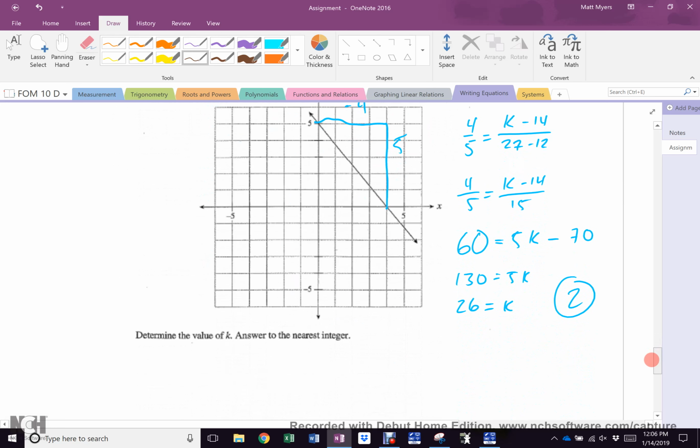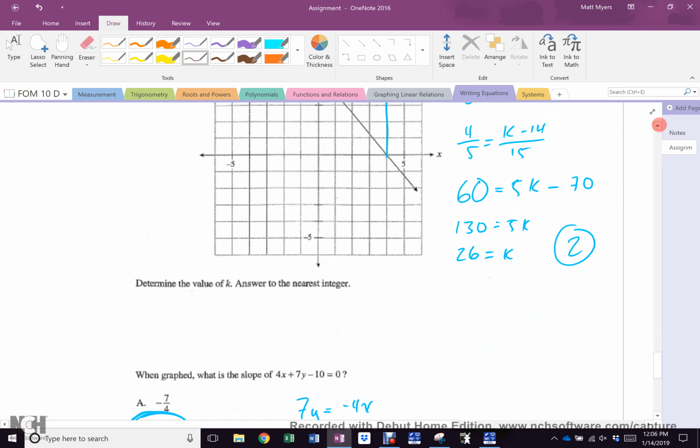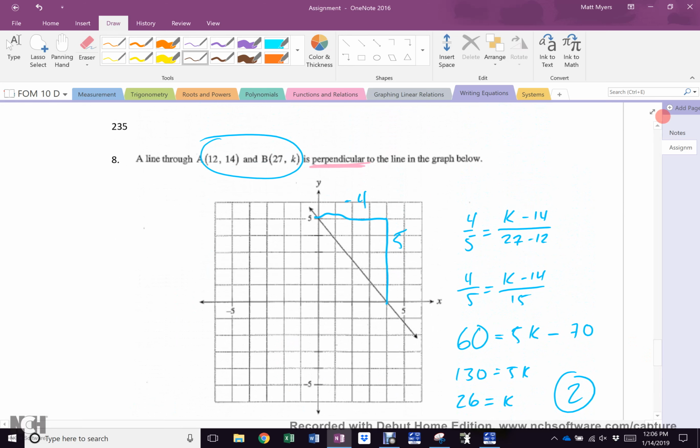Now, number 8, I don't know where the choices went. So you're going to get 2 marks here because it wasn't multiple choice. Of course, you graphed it, or you didn't graph it. You used the graph to get your slope, which was 4/5. And then you needed a line through there that was perpendicular to this line.